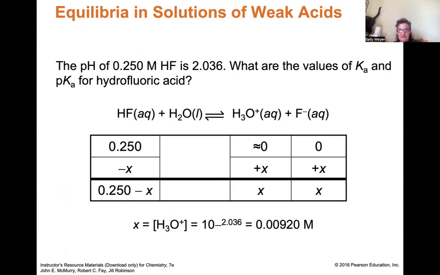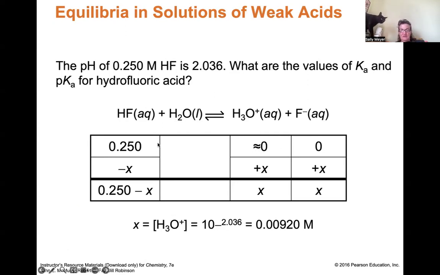What are the values of Ka and the pKa? So we have to introduce the idea of a pKa. We have the same equilibrium expression. You put the HF, the weak acid, in water, and you make hydronium and the conjugate base. At the start, you start out with 0.250 molar HF, and you start out with 0 of the two products.